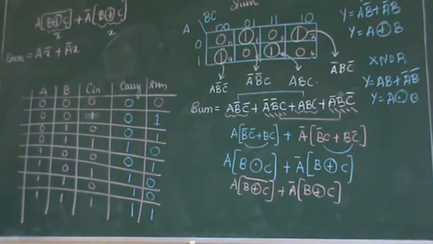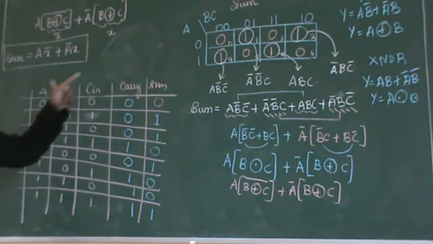So this is the expression that you have arrived for sum. Keep this in mind, and write this down in your notebook. After writing the K-map for carry, we will write the circuit diagram. Till here everyone has understood.